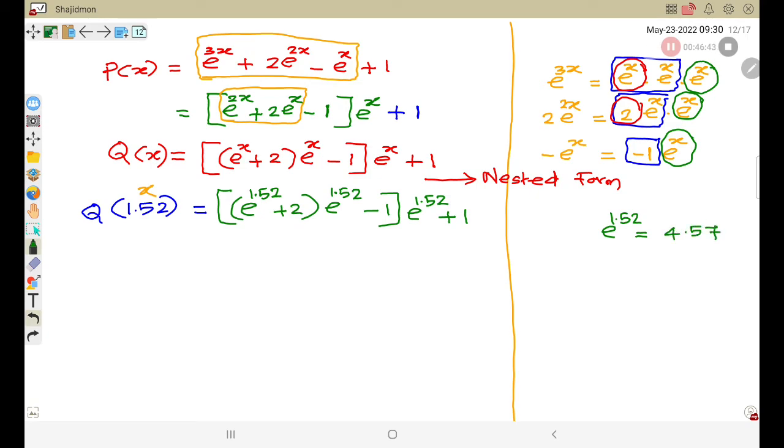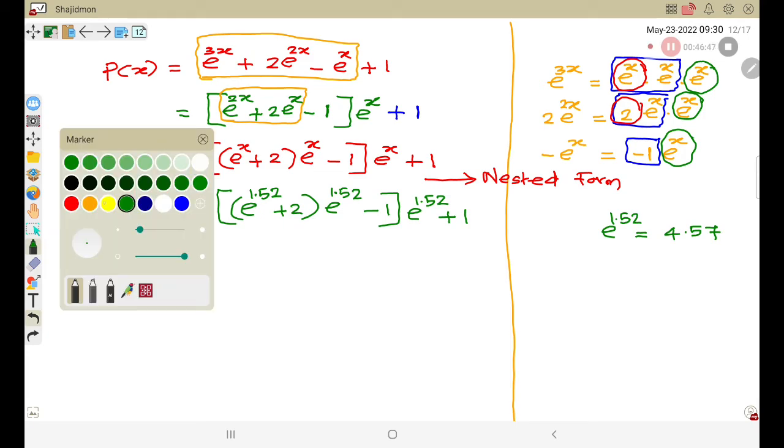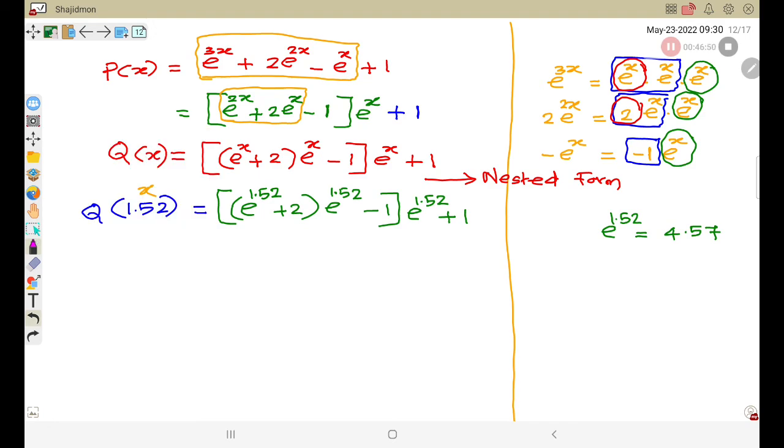You can check by calculator. e power 1.52 means 4.57. So you can replace that number here first. e power 1.52 means 4.57 plus 2. e power 1.52 means 4.57 minus 1. e power 1.52 means 4.57 plus 1.